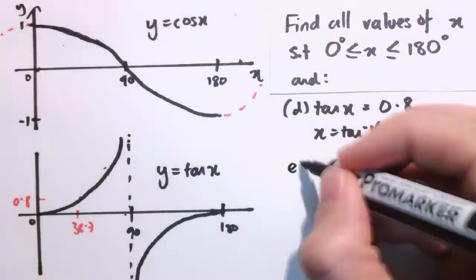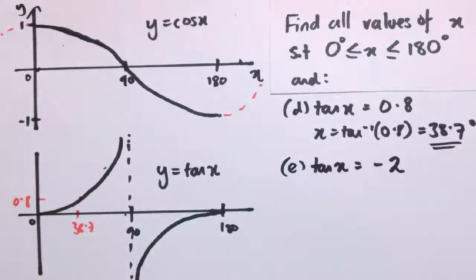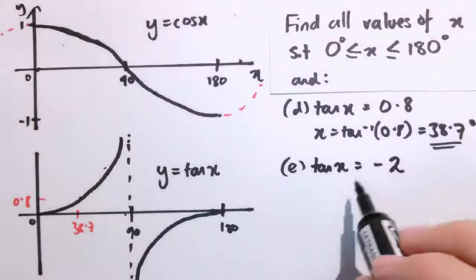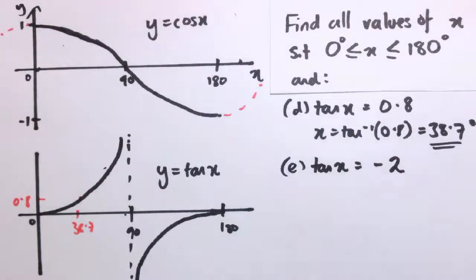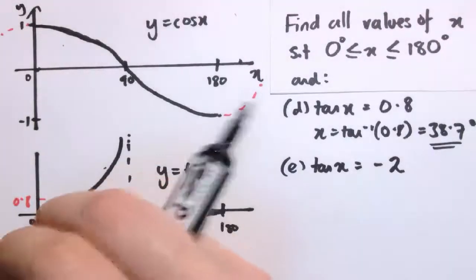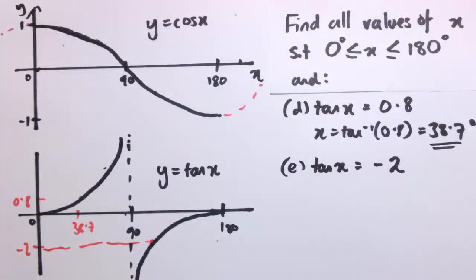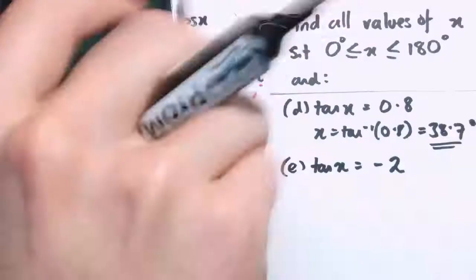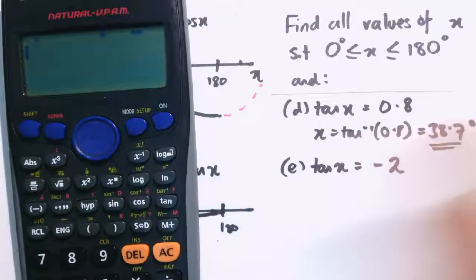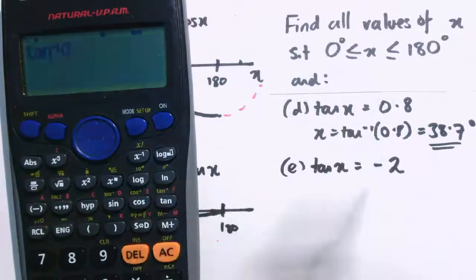So let's just have a look then. This one, what about tan x equals -2? So I'm looking for a value now where tan is -2, so I'm expecting something in this region here between 90 and 180 degrees. So let's go put that in the calculator, shift tan of -2, and it's given us something a bit strange.